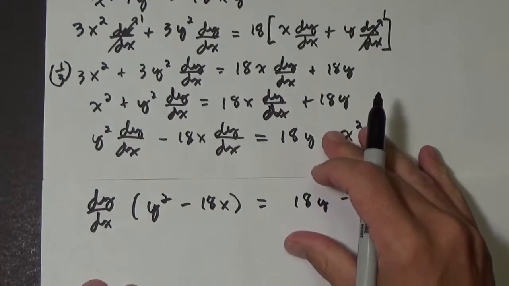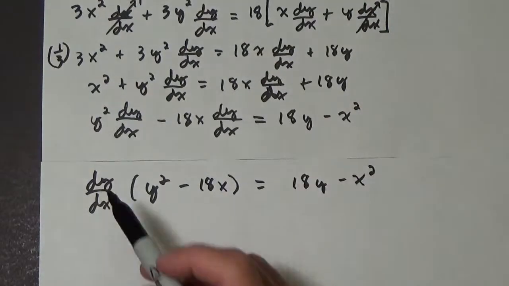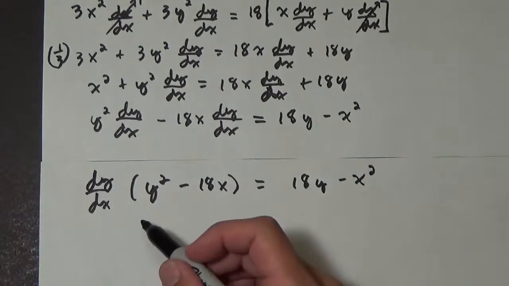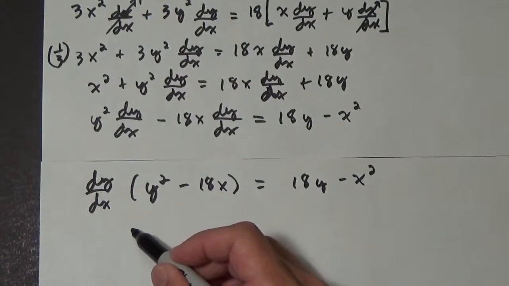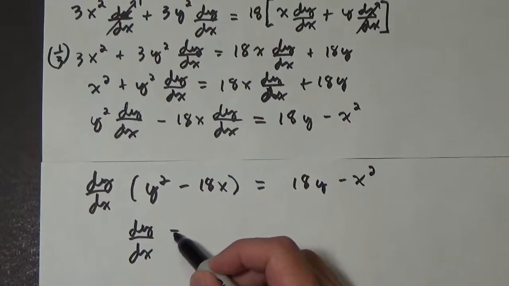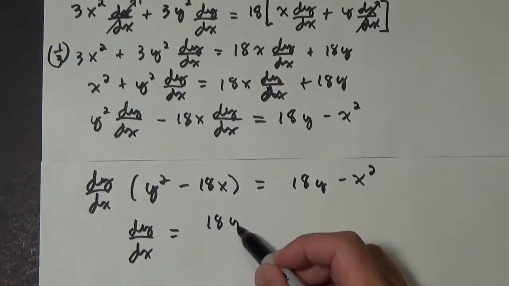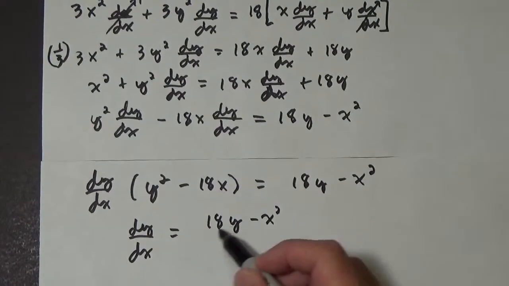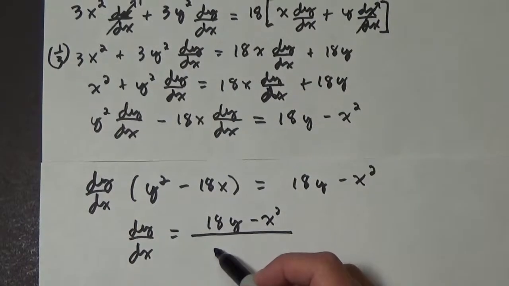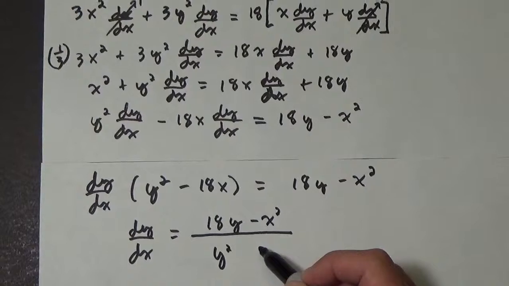Okay, then the last thing we need to do is solve for dy/dx. So we're going to divide each side by y squared minus 18x. So we're going to end up with dy/dx equals 18y minus x squared all over y squared.